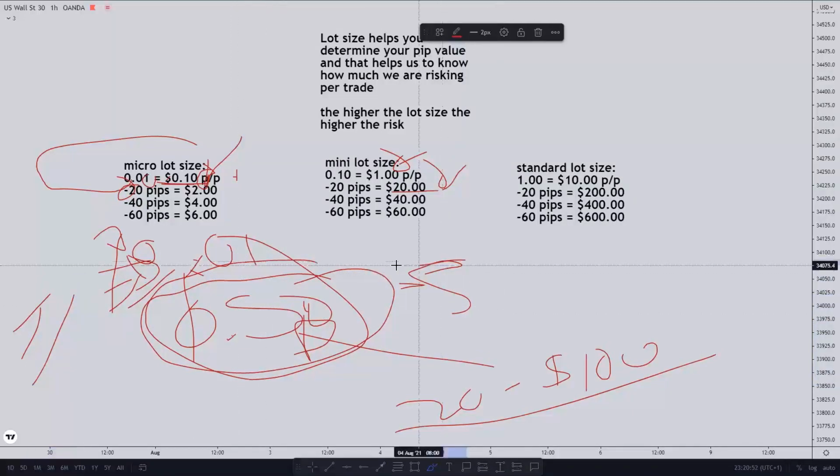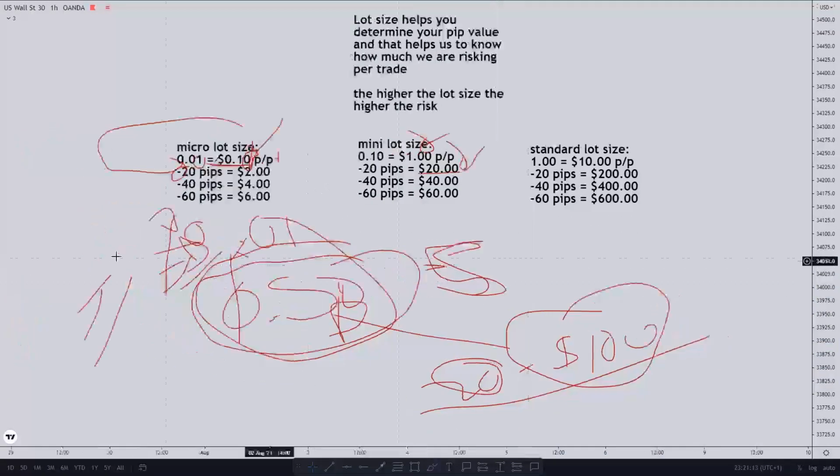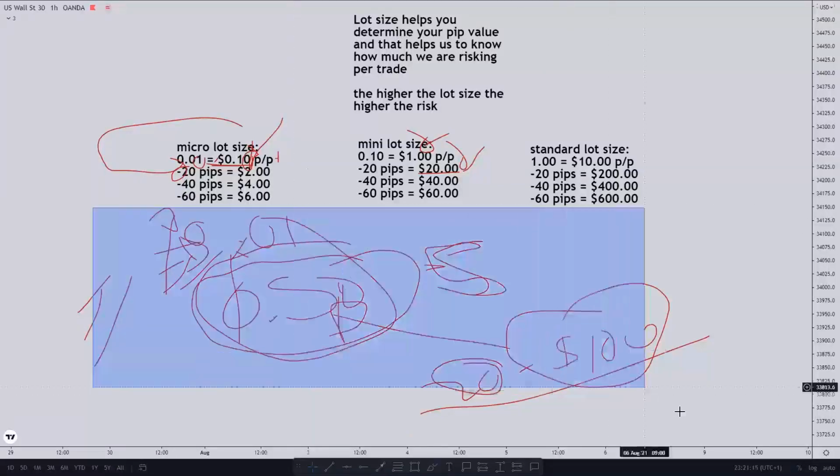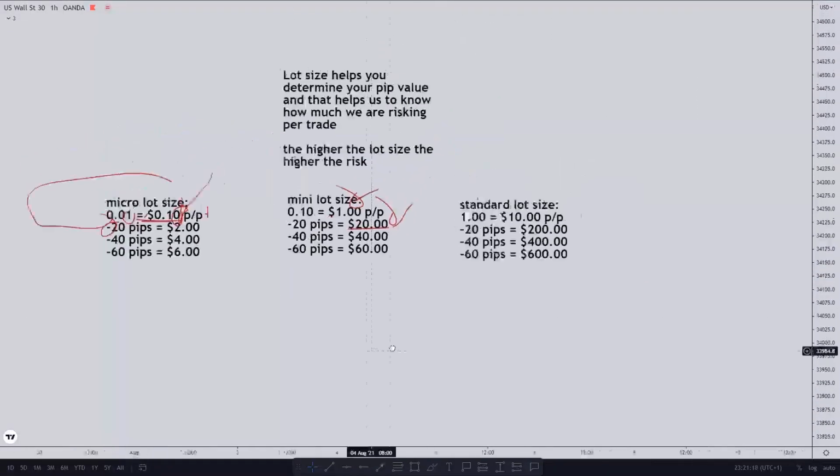And then we know that our pip value is going to be $5. And then we know that our stop loss is 20 pip, which means we are going to be risking $100 on that trade, you know. So that's how you can use a lot size, right? So let's just add another example.